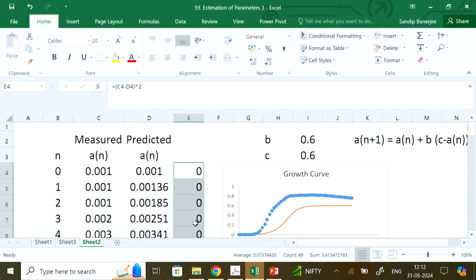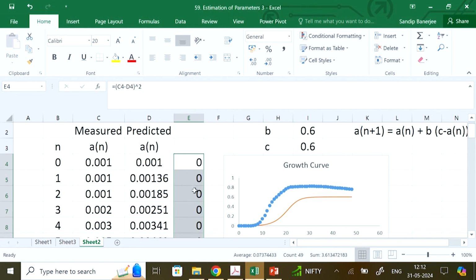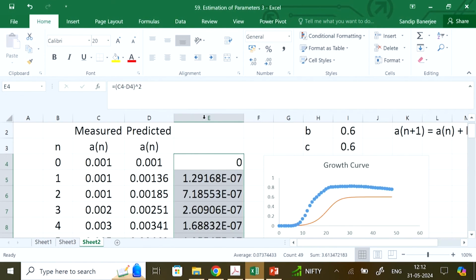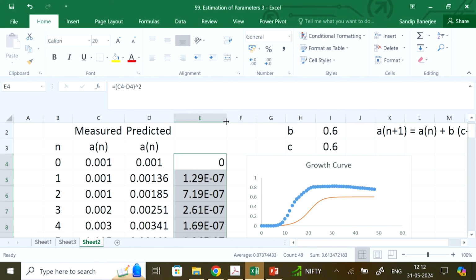Sometimes if suddenly this comes, don't panic. What happens is that you just double click and you get the rest of the values here. If they're quite small, the values are approximated to certain decimal places. Now I have to get the sum.